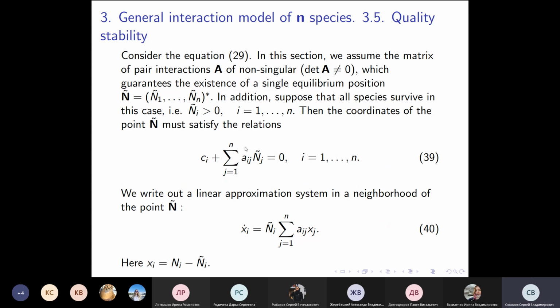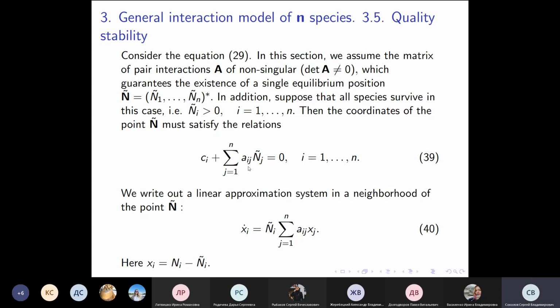Then the equation for our coordinates is given by equation 39: Ci plus the sum of aij Nj tilde is 0. That's why the coordinates of our equilibrium depend on Ci and on aij.